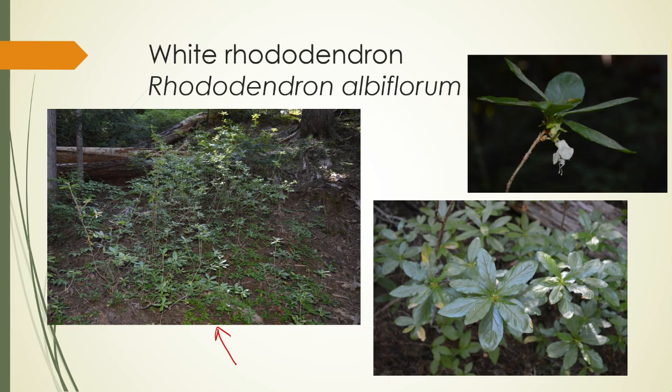And they form these really vast thickets that are a little over head high. So they make it hard to see. And the way that they're bent makes it really difficult to get through. So mountain misery, I don't know if it's quite misery, but they can get annoying if you're trying to get off trail a little bit. So there's the white rhododendron, another important member of the Heath family.